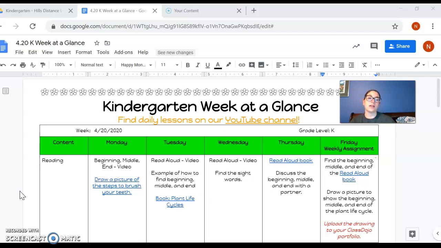And if you get stuck, there is an example, but I want you to try to make your own first. And then you can look at the example to see if you missed steps or if you put too many steps. But that's what I want you to do to practice finding the beginning, middle, and end of something that you've done.